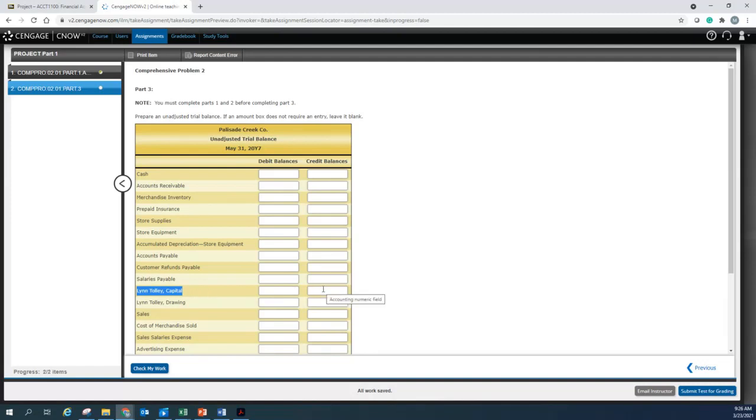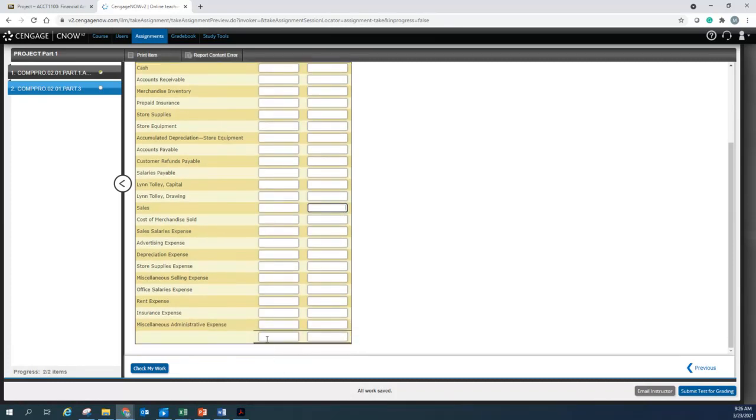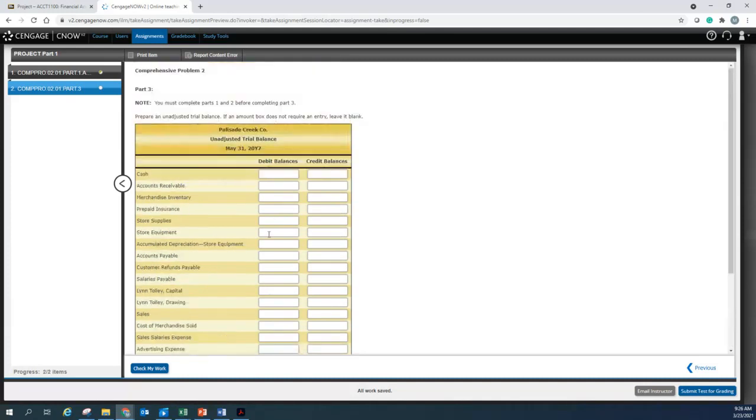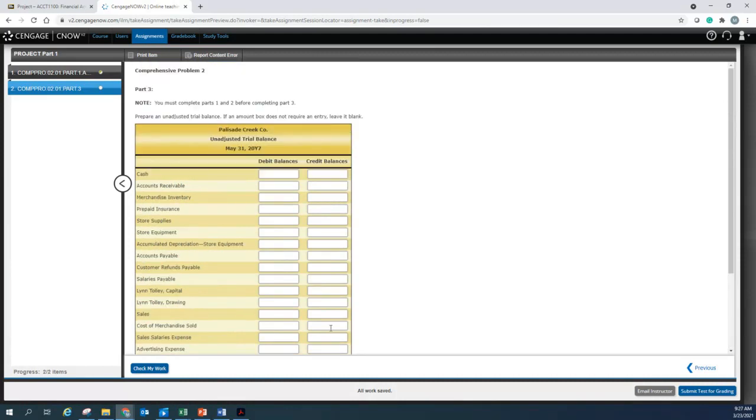Credit, yes, very good. Drawing, that's the opposite, so it's going to be here. Drawing has the same impact as expenses, so all these expenses will be over here on the debit side. Sales will be on the credit side. And then you have your total debits, total credits. It's your balance, and that's your project part 1.